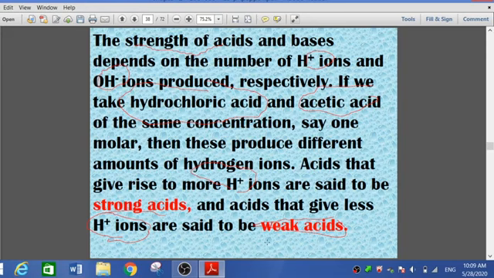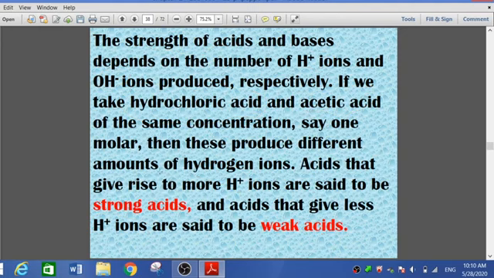Formic acid, acetic acid, lactic acid, citric acid, these all produce less H plus ion. So we can say they are weak acids. While hydrochloric acid, that is HCl, nitric acid HNO3, and H2SO4, these are all strong acids.